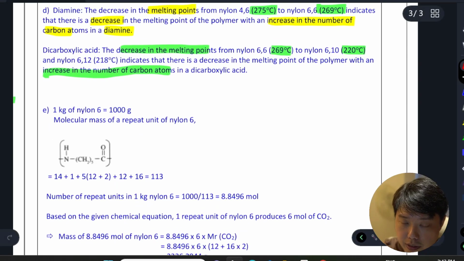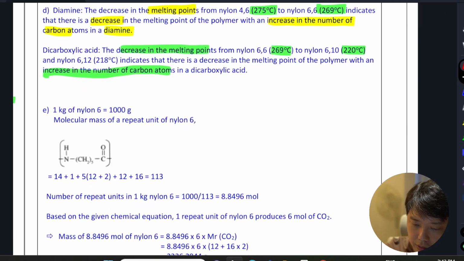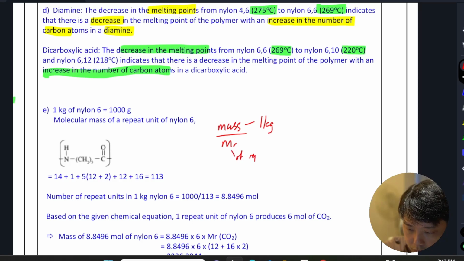How many moles is that? Okay, how many moles is that? In order to find that, we take mass, which is 1 kg, divided by the MR of the repeat unit, which in this case it is 113.